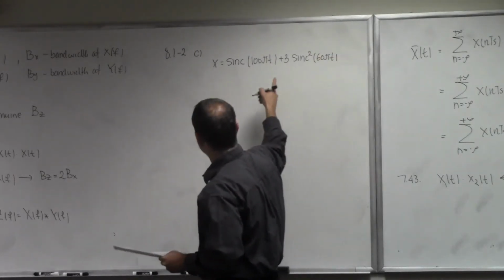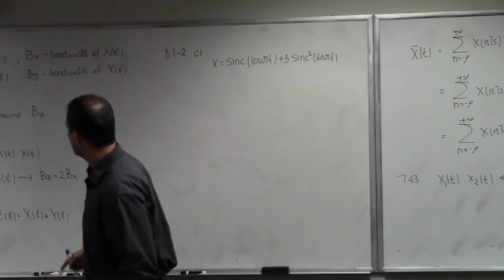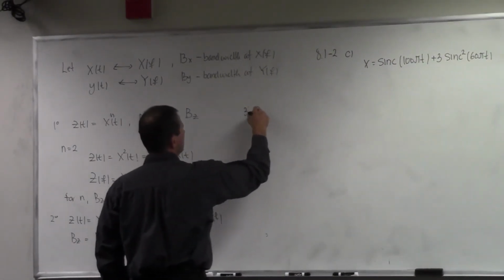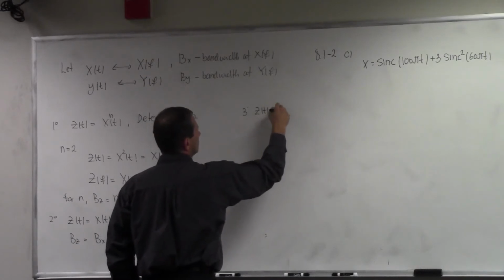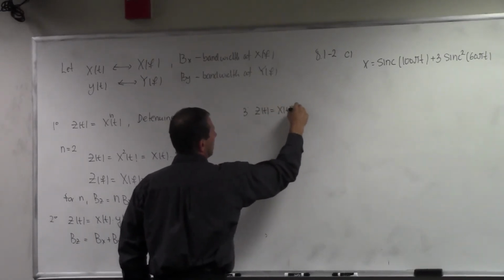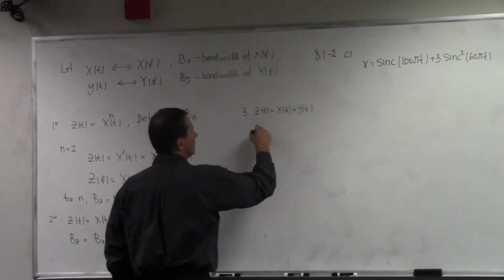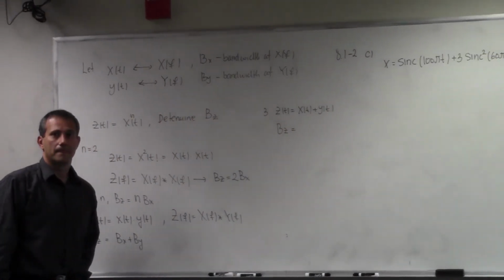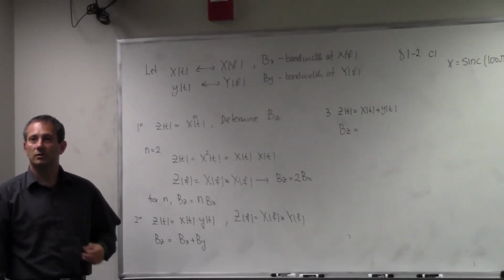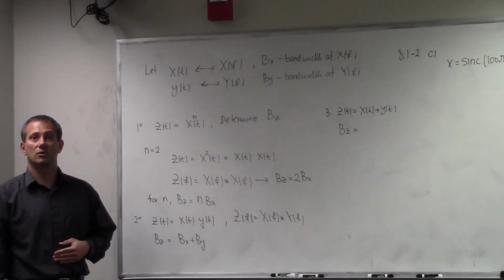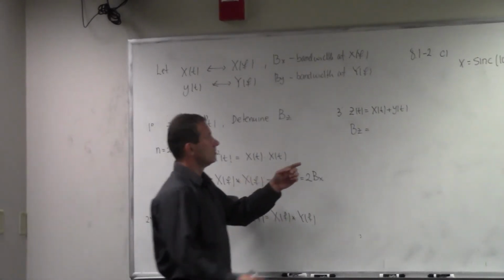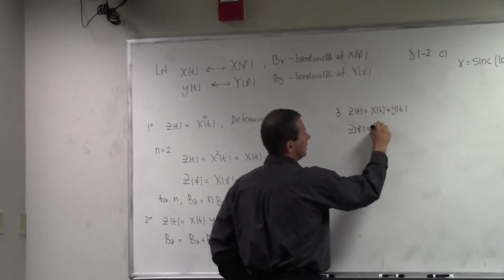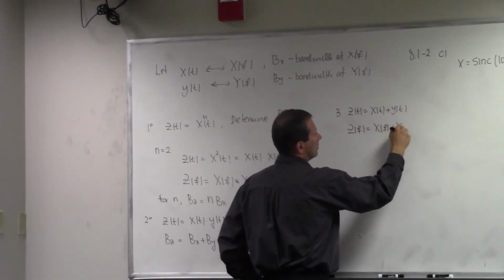Before I go on, I forgot to do one more thing here. Let me do the third result. If z of t is equal to x of t plus y of t, what is the bandwidth of z? We have two signals. Remember, superposition holds. So the spectrum z of f is going to be x of f plus y of f.